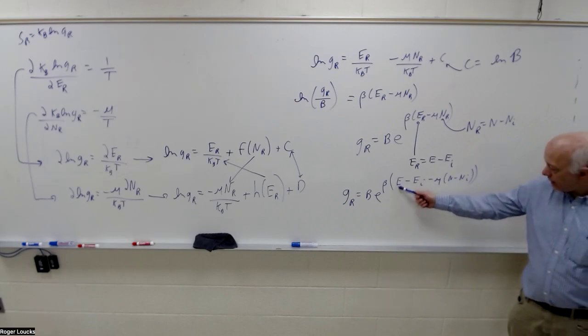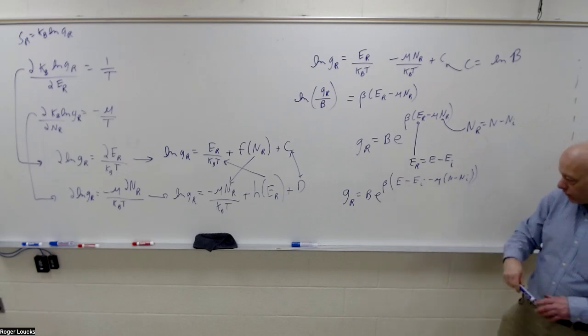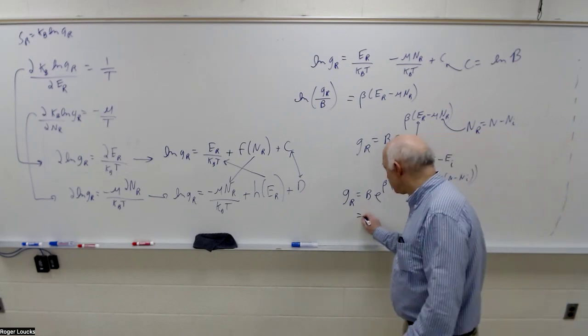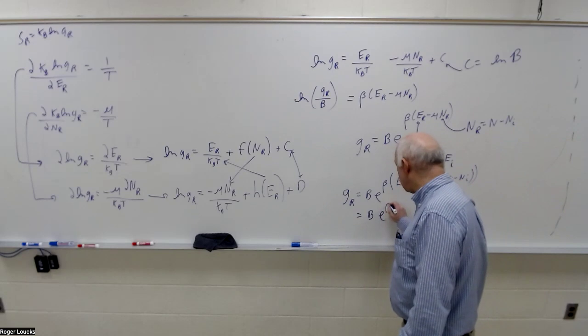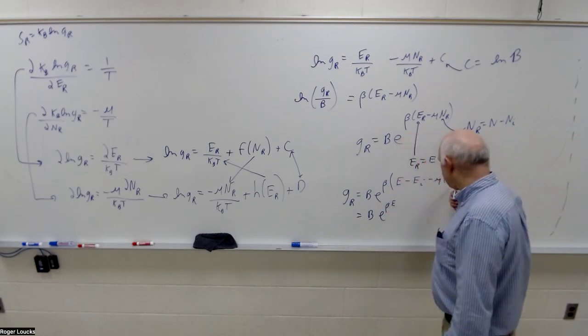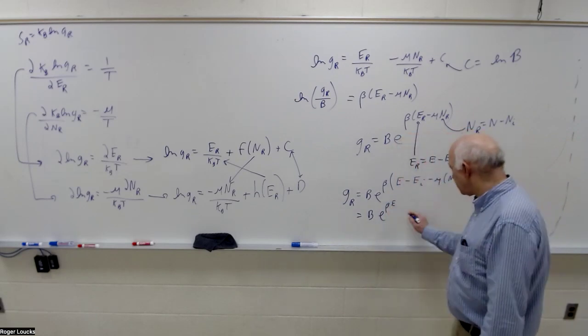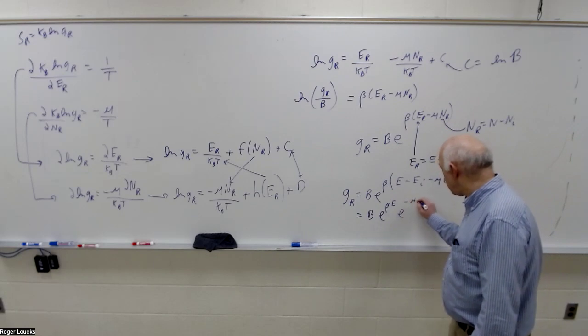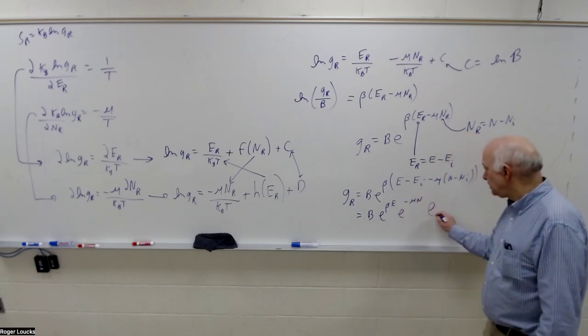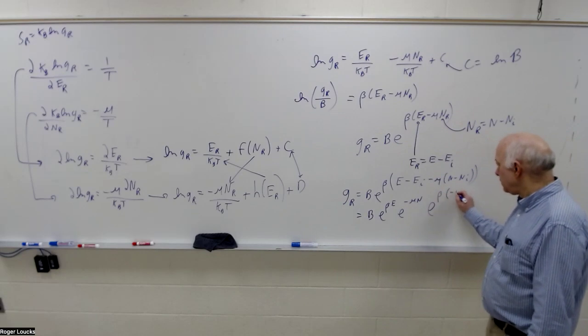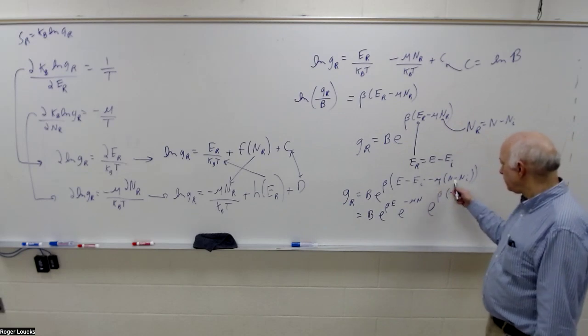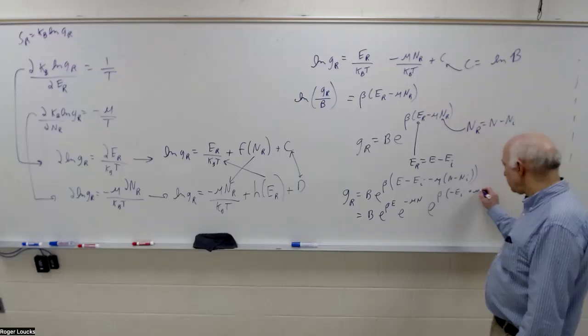This energy is a constant and this N is a constant, so I'm going to pull all those things up front. So this is going to be B, e to the beta E. And then this one is going to be a minus and another minus, so the e to the minus beta mu N. Then I get an e to the beta minus EI, minus making a plus mu NI.